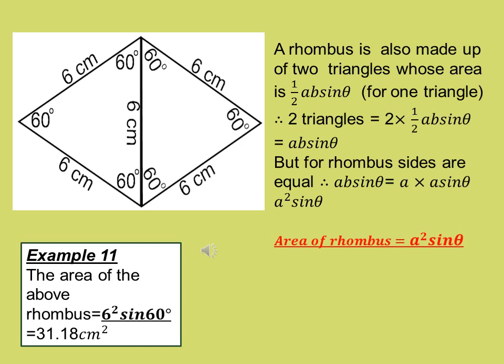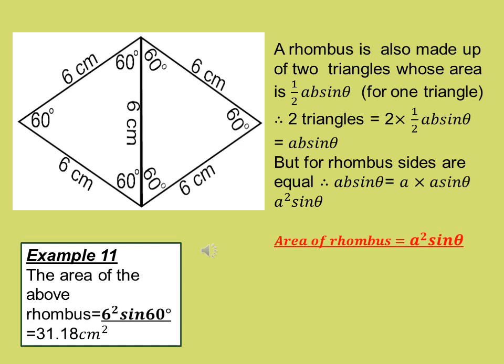So if we have one angle included, then we can tell the area of the rhombus. In this case, it is 2 triangles, and one triangle is a half AB sine theta, and therefore 2 times a half AB sine theta is giving us AB sine theta.